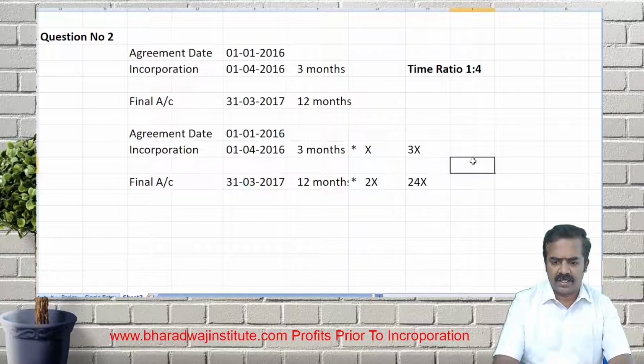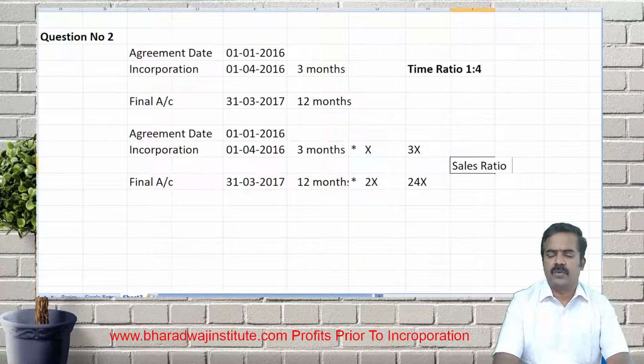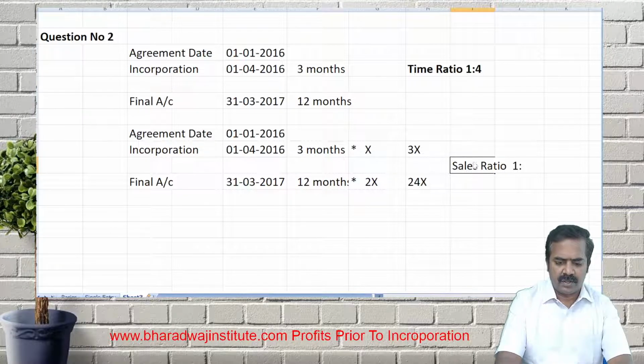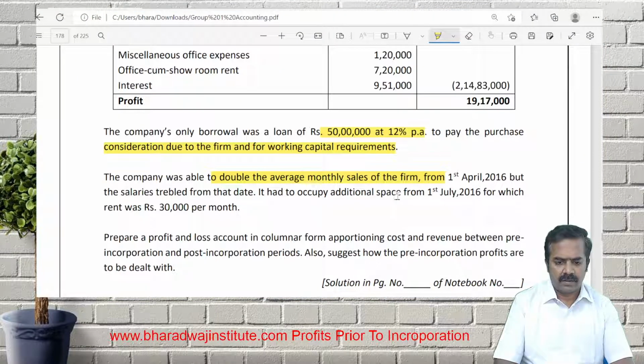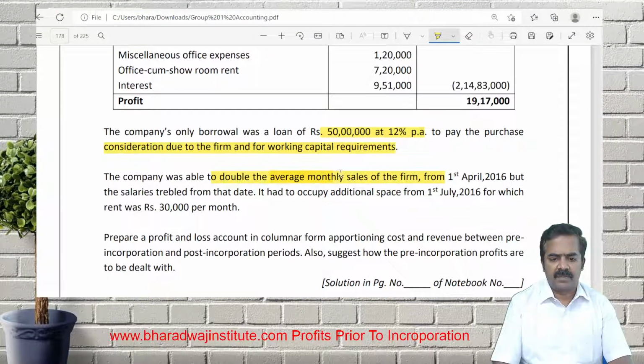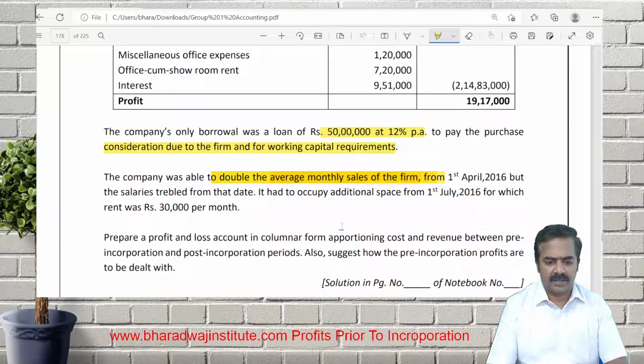So if you look at the sales ratio, 3:24 will come to 1:8 ratio. Why 2X? Average monthly sales. Double the average monthly sales. Right. Monthly 1X, now monthly 2X.